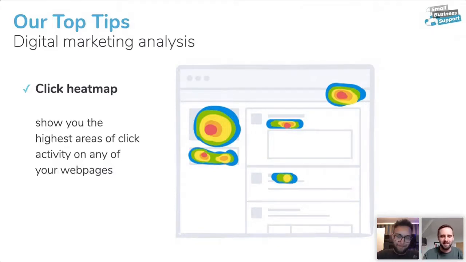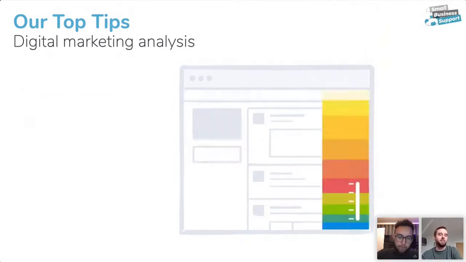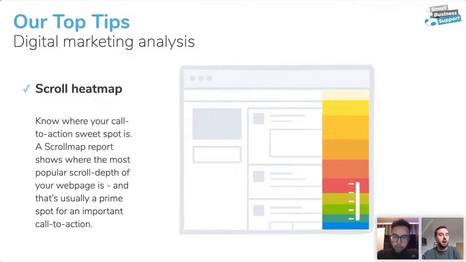That would be massive if you could see where people are almost looking on your website. Or imagine if you could see where people are scrolling, how people are scrolling, where you could find out where your call to action sweet spot is.